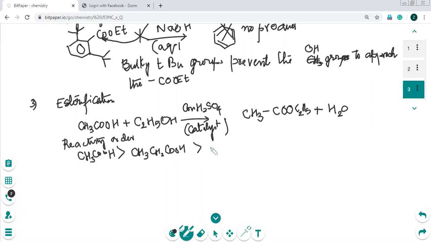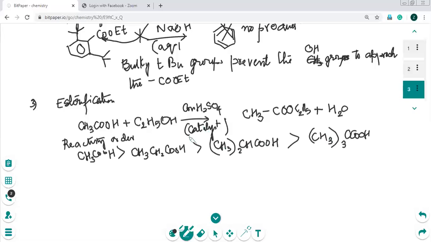Still lower rate of reaction if I put two CH3 groups, (CH3)2CHCOOH, and still slower if I have three CH3 groups, (CH3)3CCOOH.